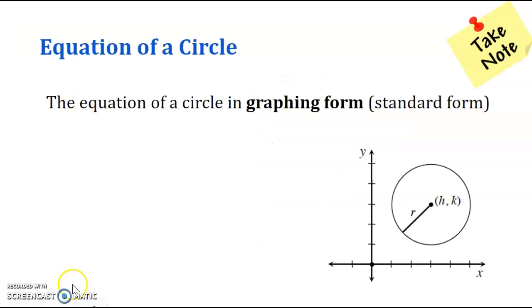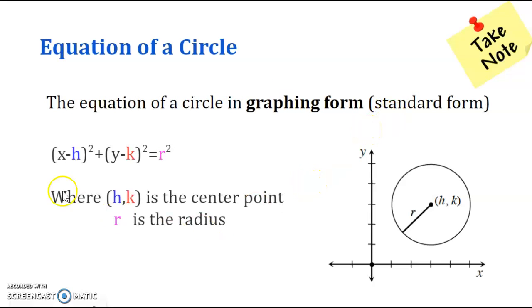Okay, so let's summarize what we discovered from Desmos. The equation of a circle in graphing form, and we call this the standard form of the equation of a circle, is (x minus h) squared plus (y minus k) squared is equal to r squared, where the number that you're subtracting from x before it gets squared is the h value, the x coordinate of the center, and the number that you're subtracting from y before that gets squared, the k value, is the y coordinate of the center.